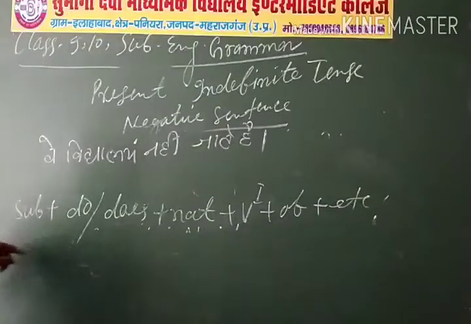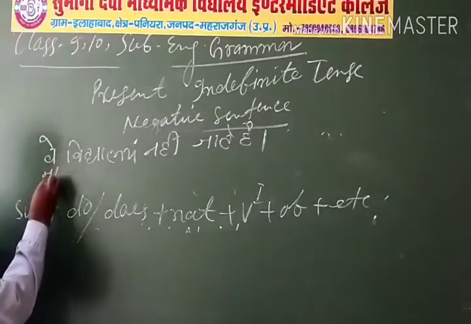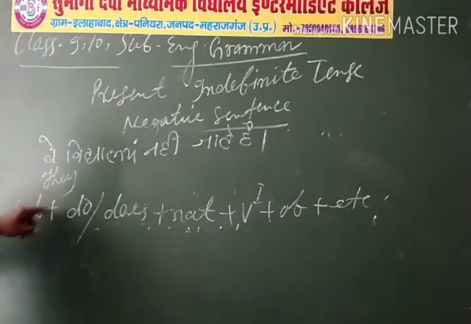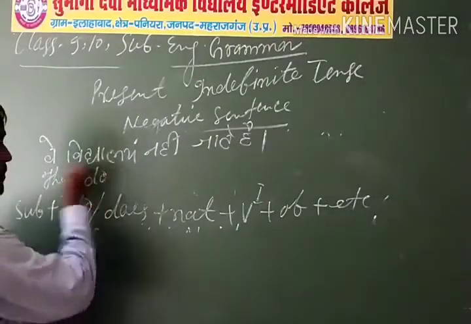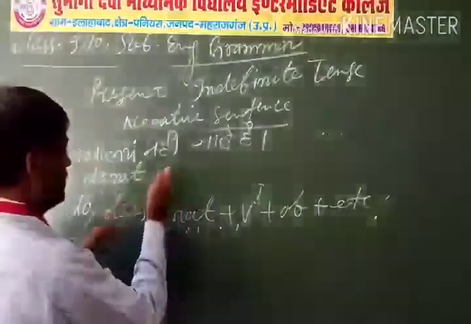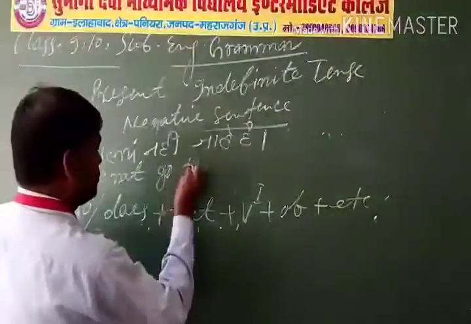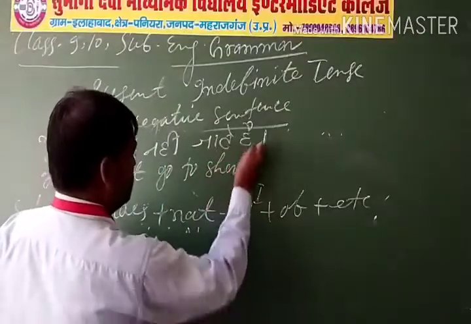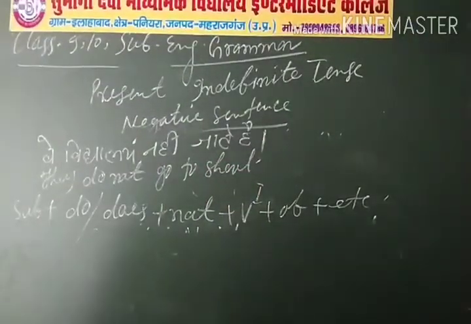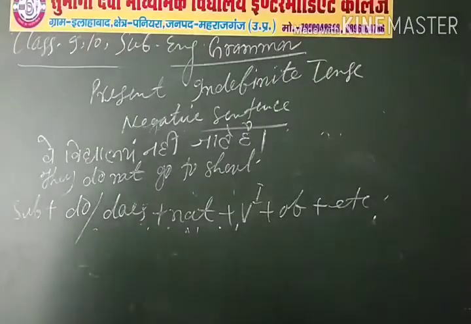First of all, we have to write the subject they, and here they is a plural subject. Then we have to join do, and after then not, and after then the verb's first form, go to school. And after negative comes interrogative sentence.